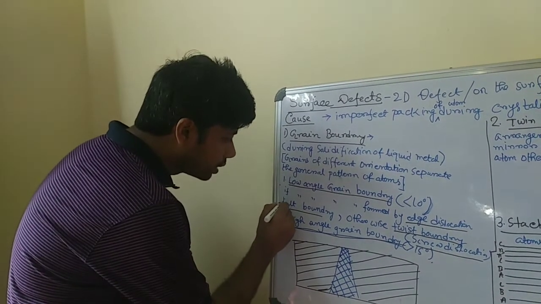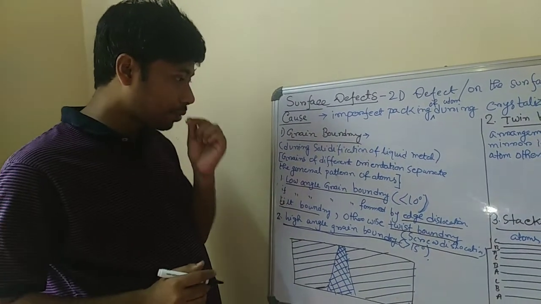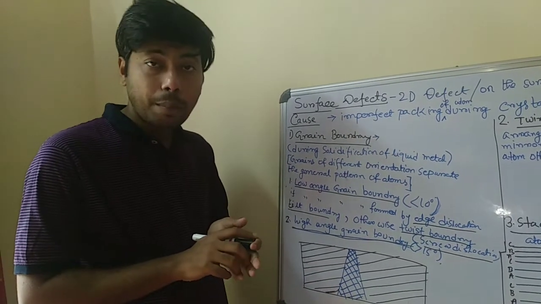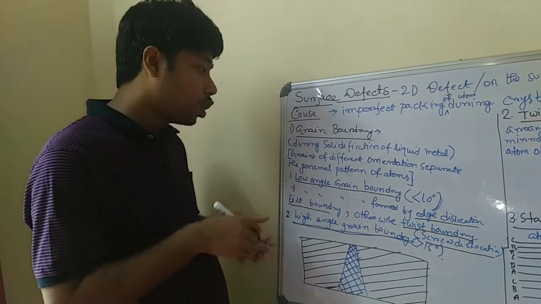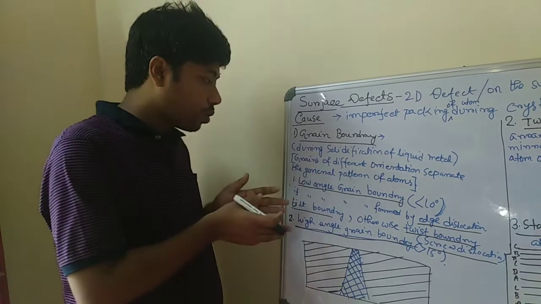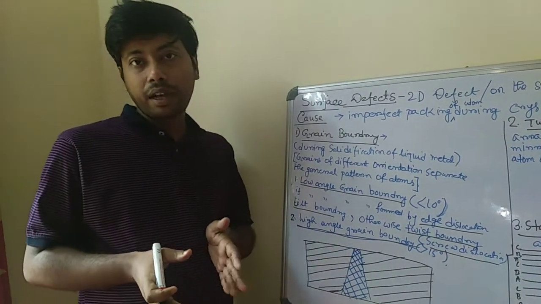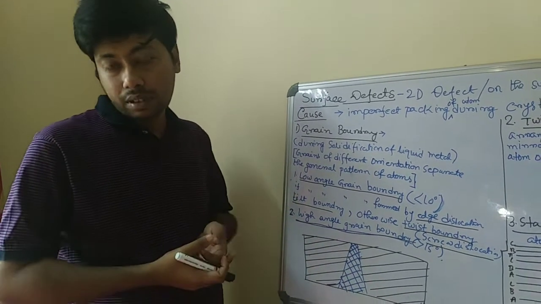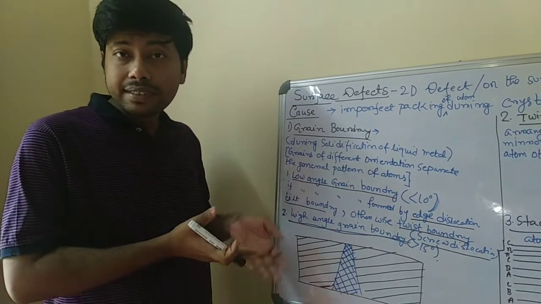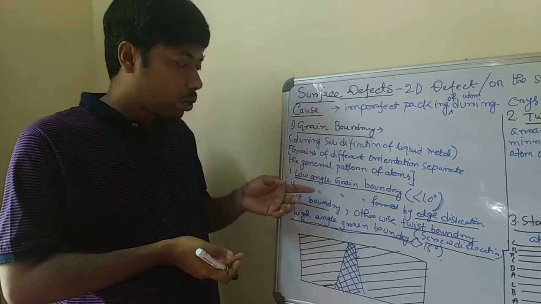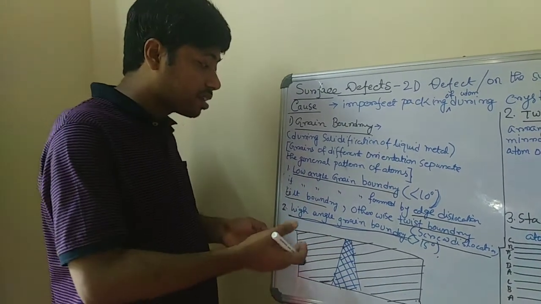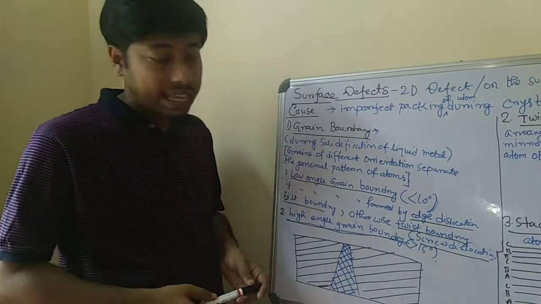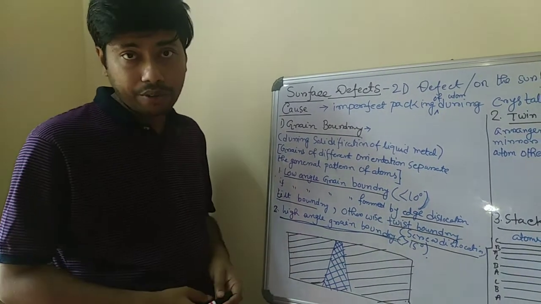Otherwise, if it is formed by screw dislocation, then it is called twist boundary. The misalignment may be an angle of less than 10 degrees, or it may be greater than 10 or 15 degrees. If it is less than 10 degrees, that is called low angle grain boundary. If it is greater than 10 or 15 degrees, then it is called high angle grain boundary.